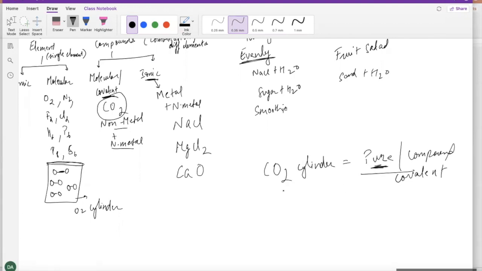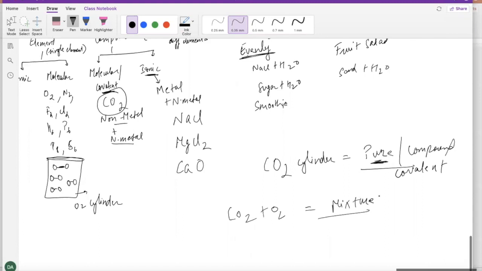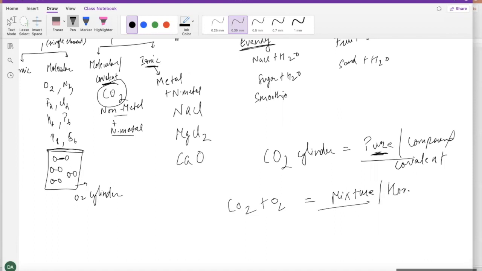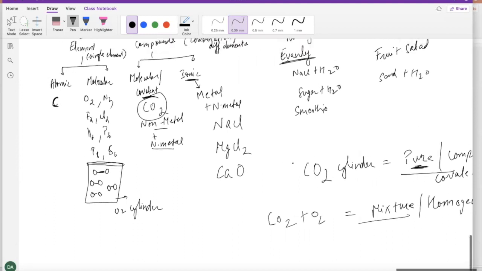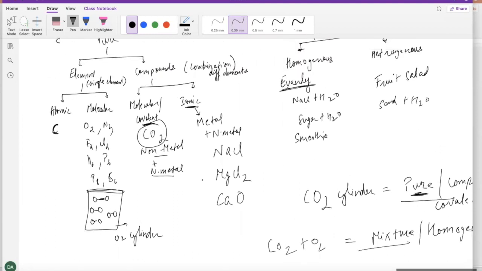It's only made up of CO2. Okay, but if I take CO2 and oxygen both in a cylinder, that is going to be a mixture. And if they're evenly spread out in a mixture, then this is going to be a homogeneous mixture. Okay, all right.